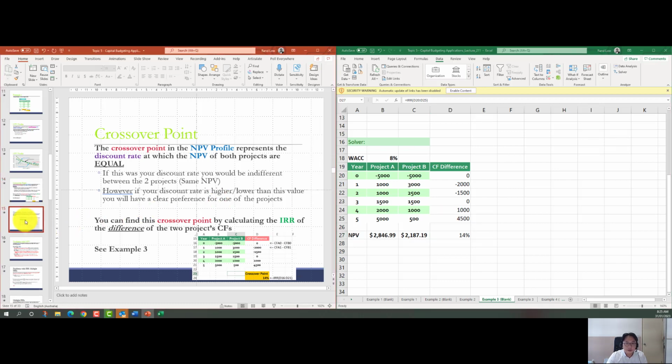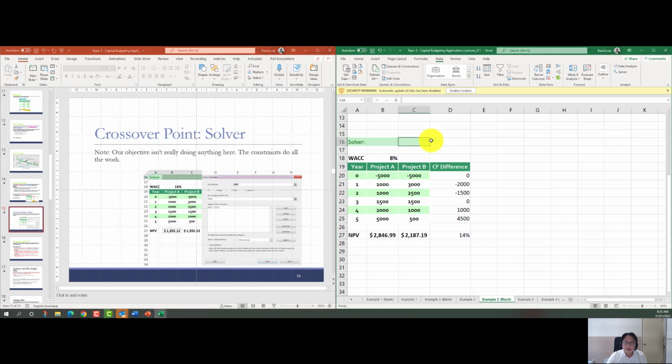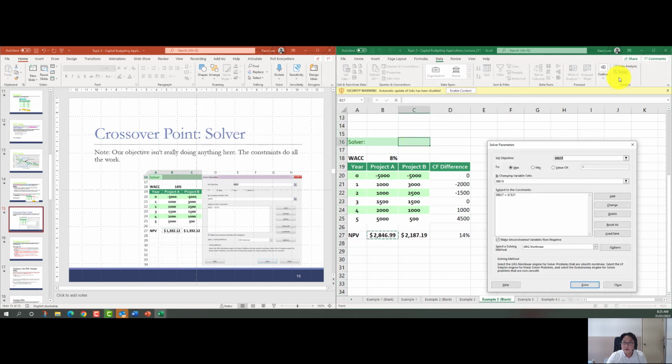Alternatively, we can also use the solver too. Easy, we just click here, we click solver. And we tell it that we want B27, which is the NPV of project A, to equal C27, which is the NPV of project B, by changing cell B18, which is the WACC. And the objective is to get B27 NPV to a value of 0.